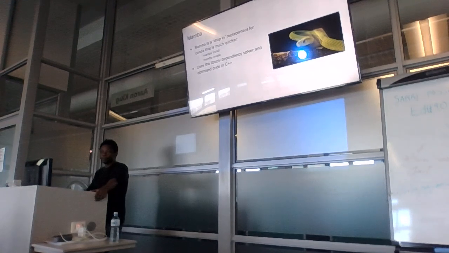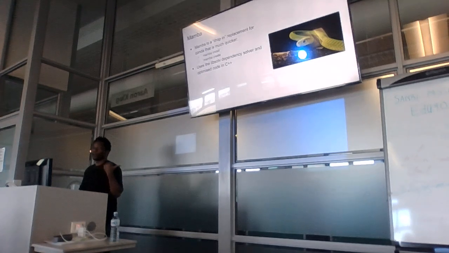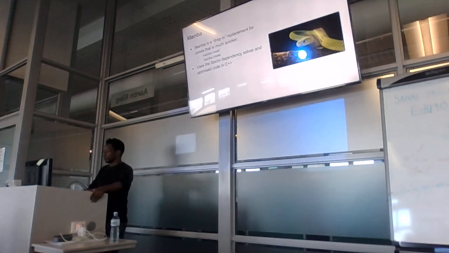So Mamba is a drop-in replacement for Conda, and it's much quicker. You could install it within the Conda environment using conda install and then mamba create, but that is no longer recommended. So this slide is a little bit old. You'll use the method that I've shown us to install Mamba. You don't want to install it within the Conda environment. And it uses this library to resolve the dependencies and to sort out your all-in-one environments.